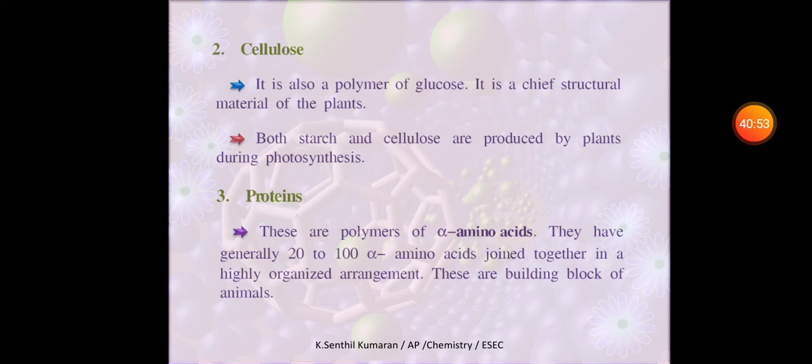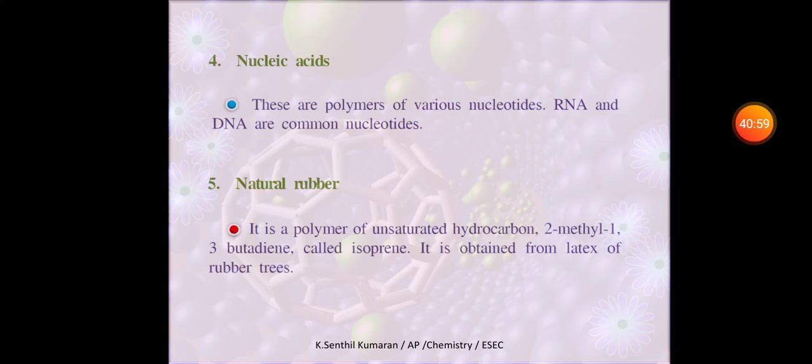Next important natural polymer is nucleic acids. The two important nucleic acids are RNA and DNA. RNA means ribonucleic acid. It is available in the plants.